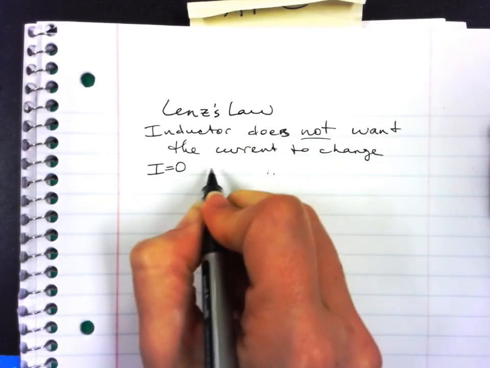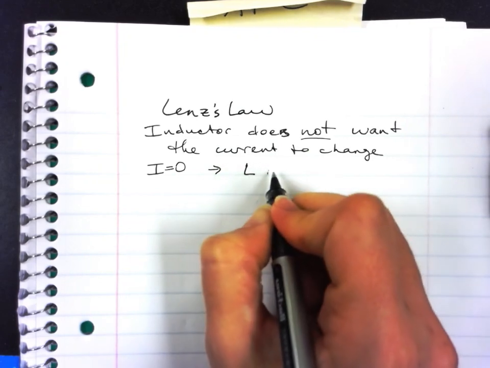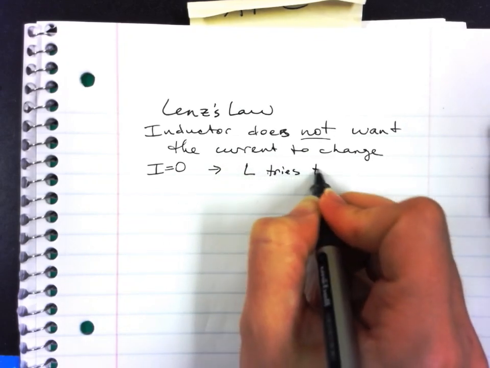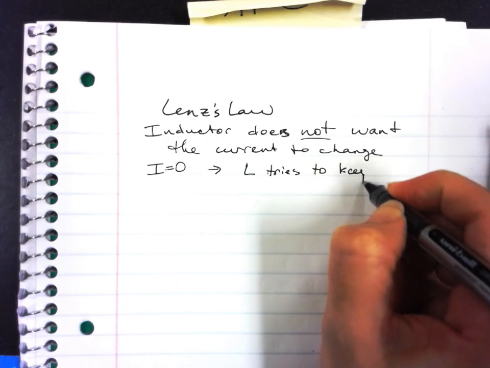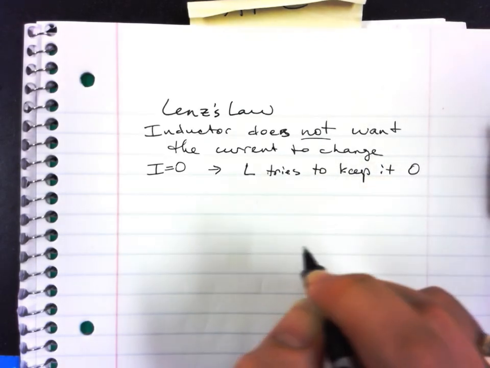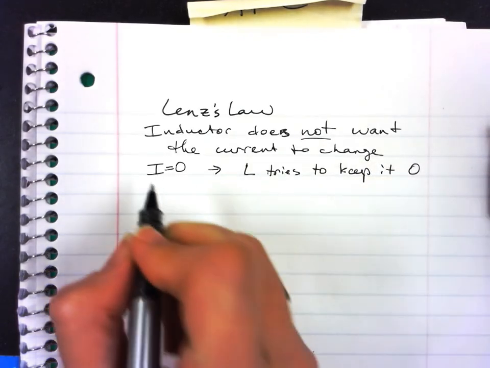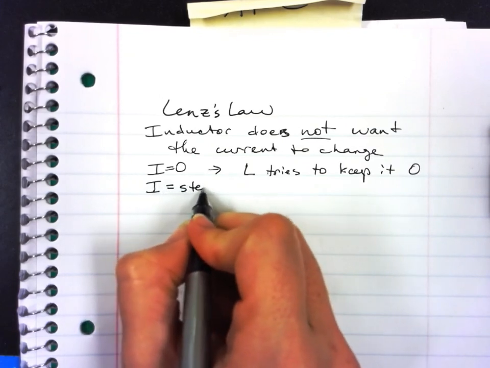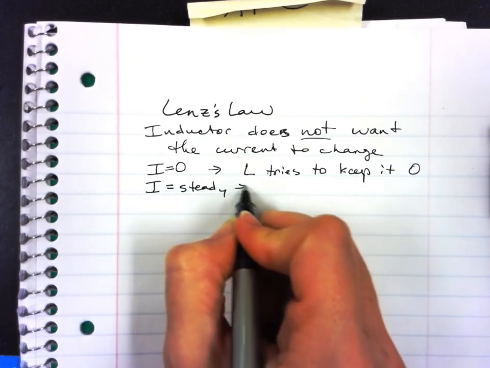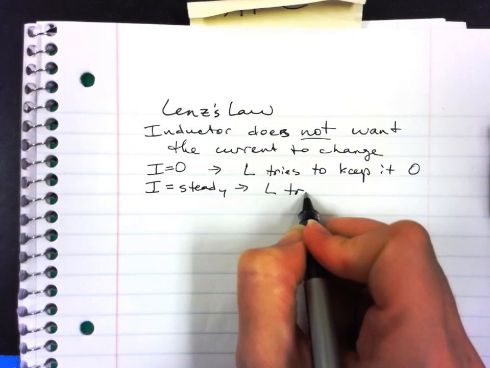So if I equals 0, the inductor tries to keep it 0, no current flowing. If the current is steady, the inductor tries to keep it going.